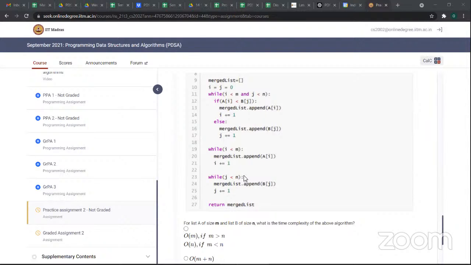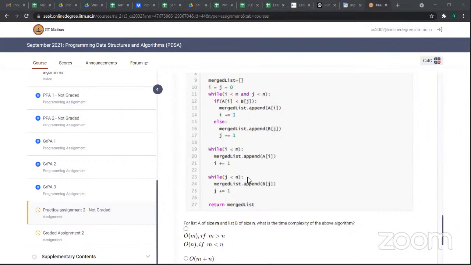But in this case, the minimum of m and n will definitely be less than m plus n, no matter what values m and n have. That's why we ignore the first loop, but consider the next two loops as m plus n.